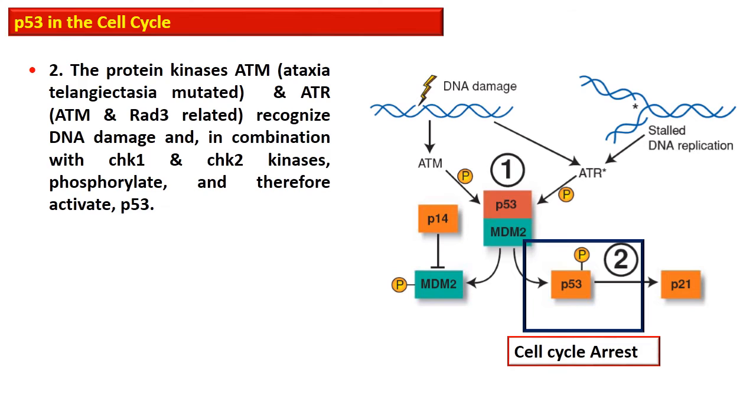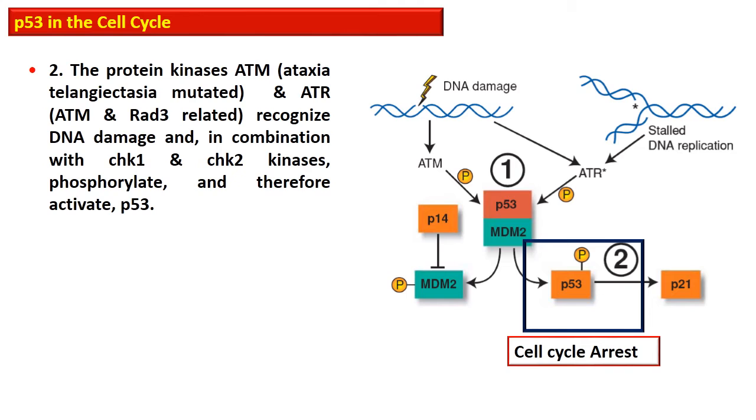The damage to the DNA is sensed by ATM and ATR. The ATM is ataxia telangiectasia mutated, and ataxia telangiectasia mutated and RAD3 related is ATR, and they recognize this DNA damage, and in combination with check1 and check2 kinases, they phosphorylate P53, which usually is present in combination with murine double minute.